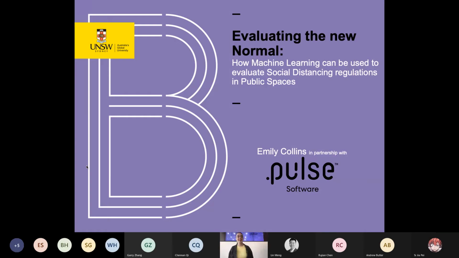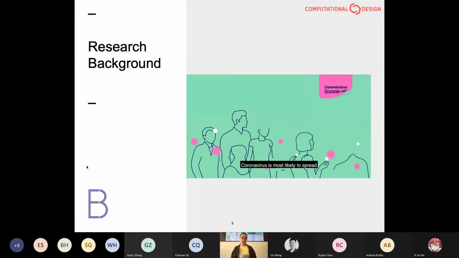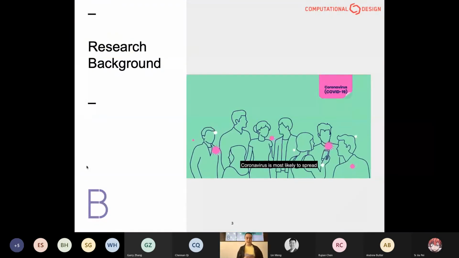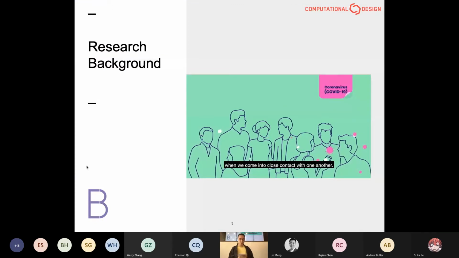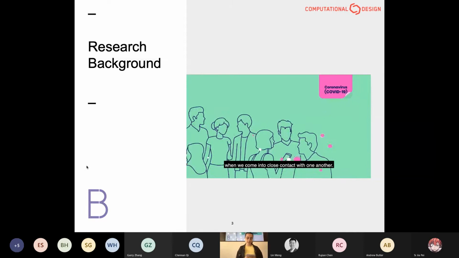Hi, I'm Emily, and my research project is evaluating the new normal: how machine learning can be used to evaluate social distancing regulations in public spaces. The ongoing impact of the coronavirus pandemic has directed significant focus on maintaining health and safety through physical and social distancing measures.